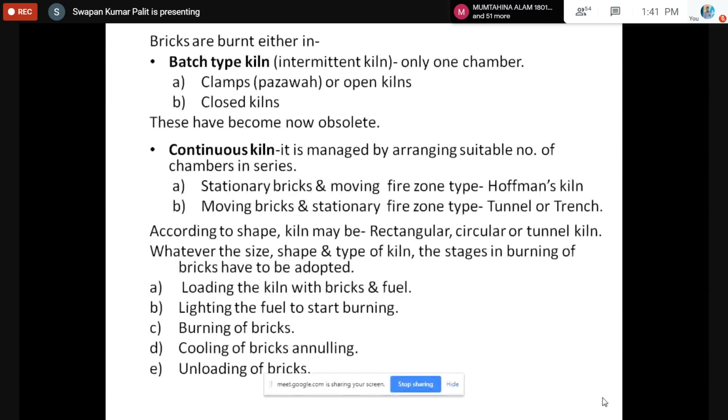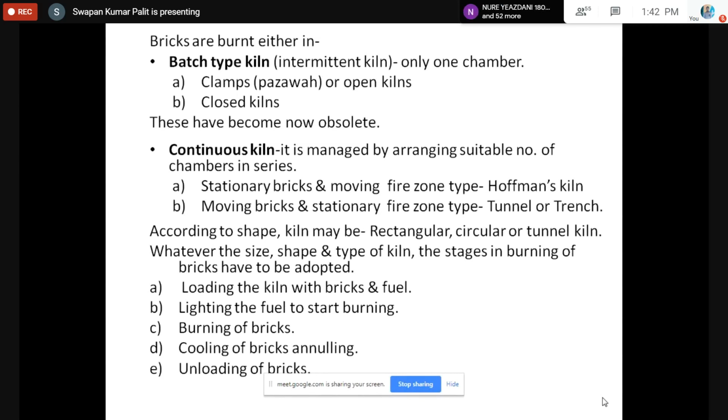Where can we burn bricks? In the kiln. Kilns are 2 types, intermittent kiln and continuous kiln. Intermittent kilns are not used nowadays because of the slow, intermittent process. So that's why they are now obsolete.